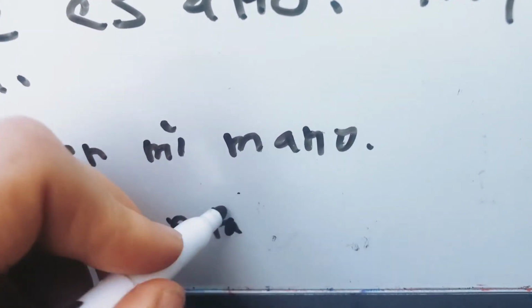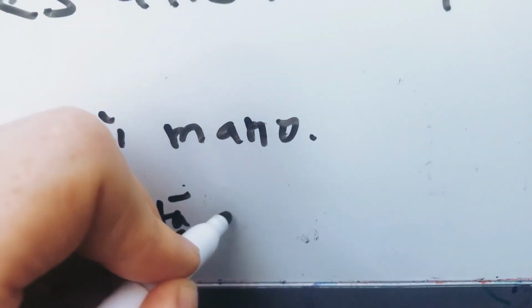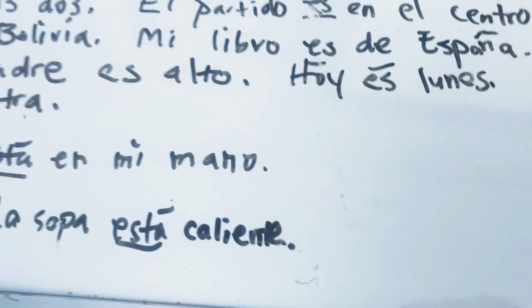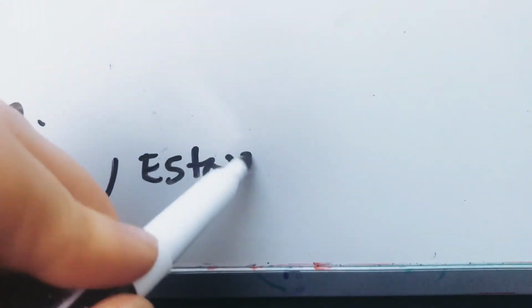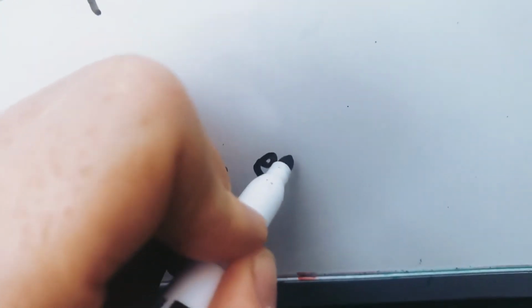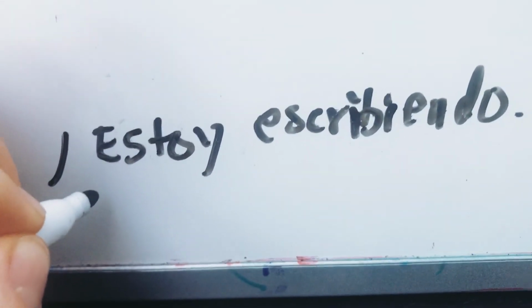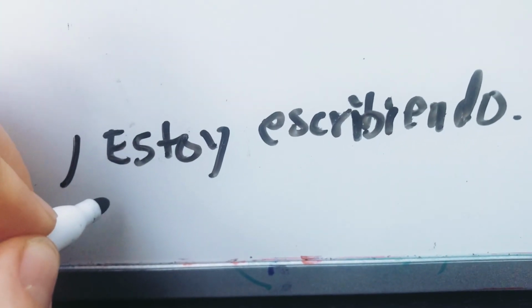Current state is a common one for your everyday conversation. And then present progressive. Estoy escribiendo, which is what I am doing at the moment. I'm writing. Estoy escribiendo. Or the example we used earlier, if you can remember, how do you say I am seated?